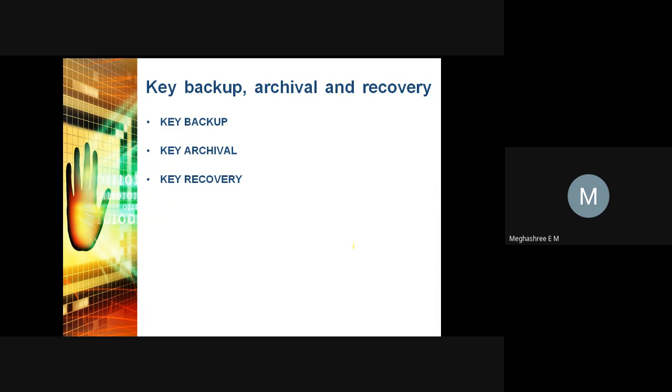The idea behind this key escrow is that if any data is encrypted, then a copy of the decryption key is stored by a trusted third party in such a way that, with the appropriate legal authority, the decryption key can be obtained and used to recover the data. So for this purpose, a key escrow is used.